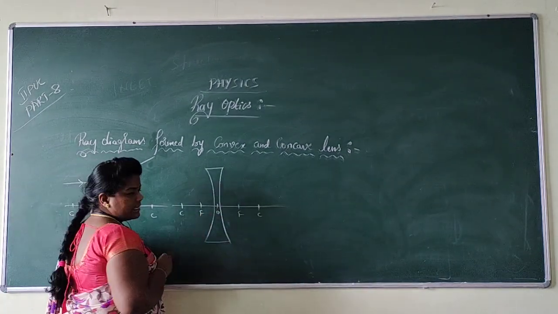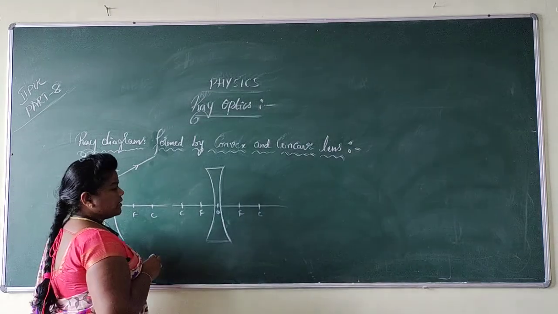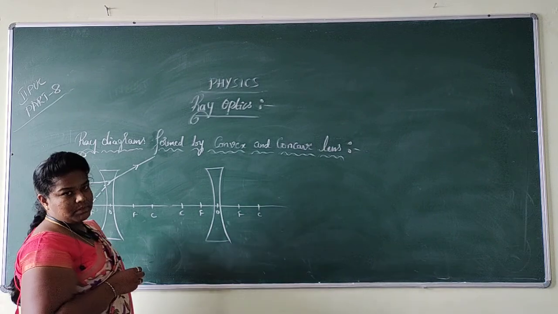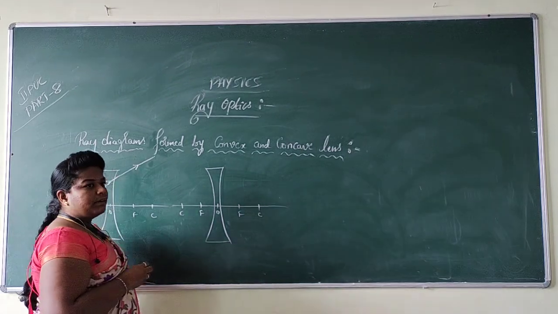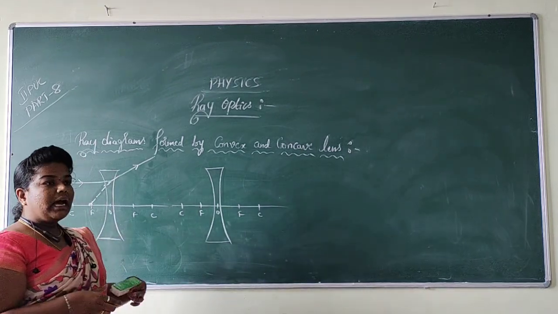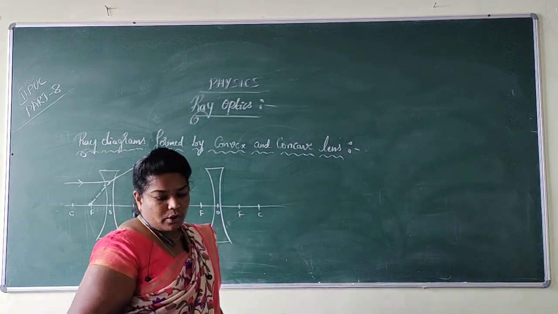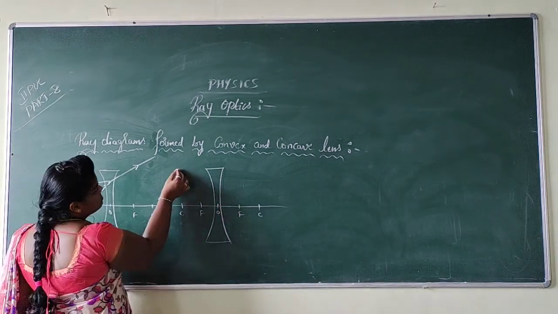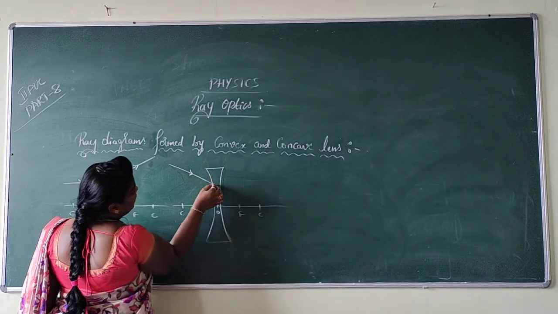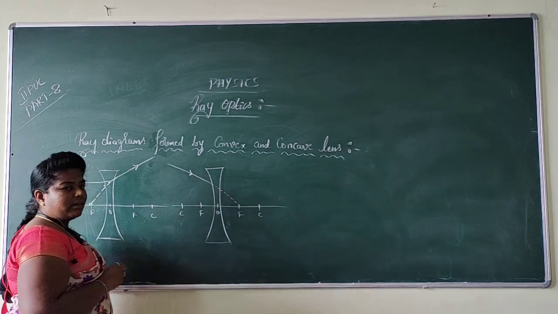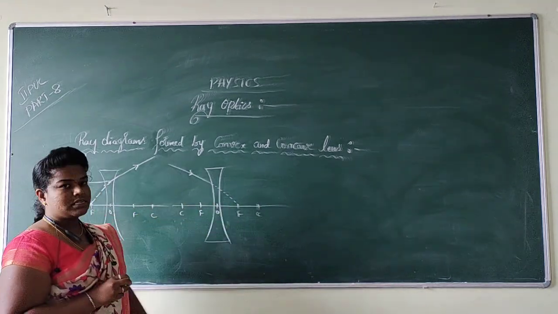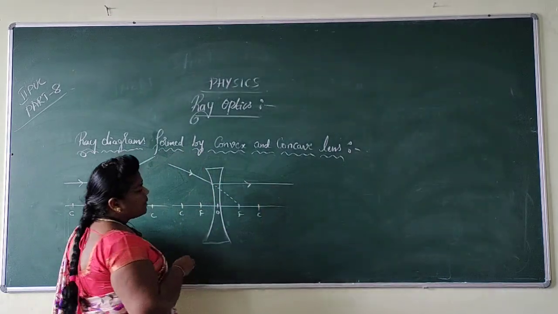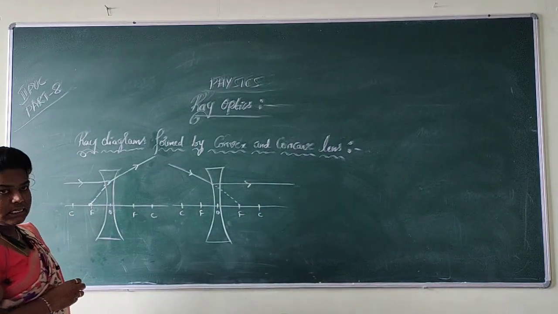Suppose I incident a ray of light towards the principal focus. See here, my ray is directed exactly towards the focus. So what happens after refraction? It emerges parallel to the principal axis.